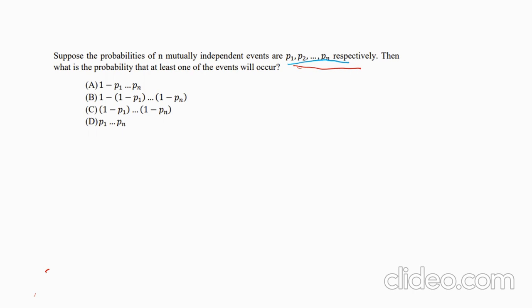I think we solved a similar question in the last class. Does anybody remember how to solve a question like this, where we want to find the probability that at least one of the events will occur?